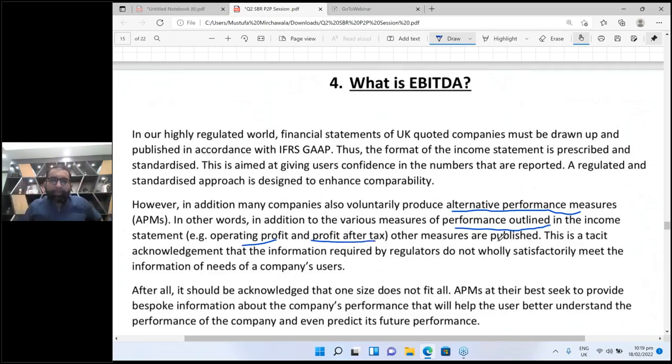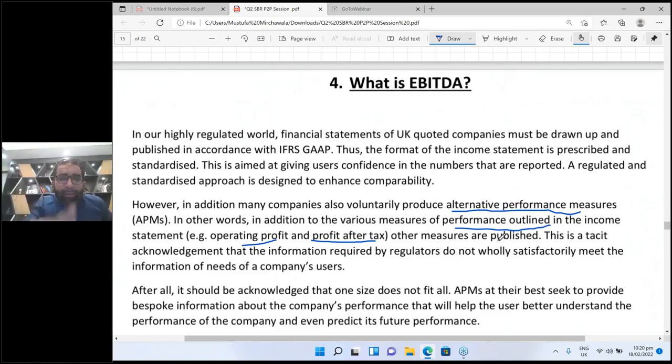Now wait, the standard numbers, the standard names given by IFRS are not enough for this whole world, for all companies, because the nature of businesses is different, the nature of investors is different, the demands of investors are different. Investors want to see things in a different way, right? Each and everybody has a different taste, cultures are different.